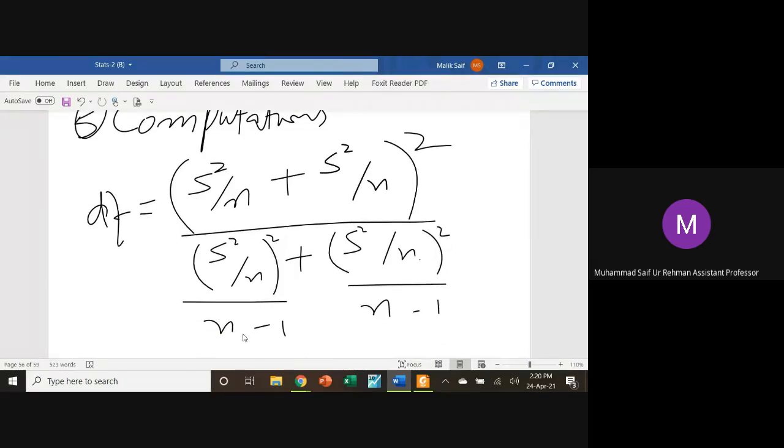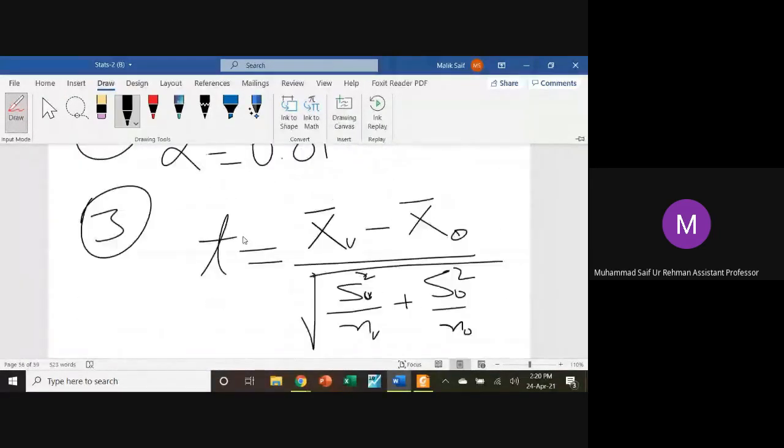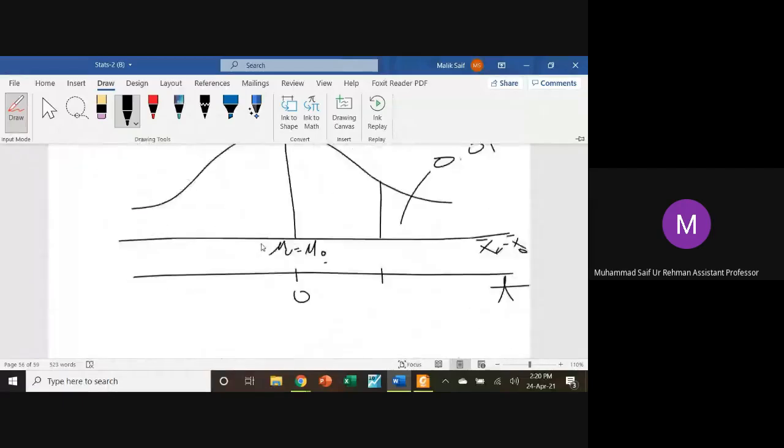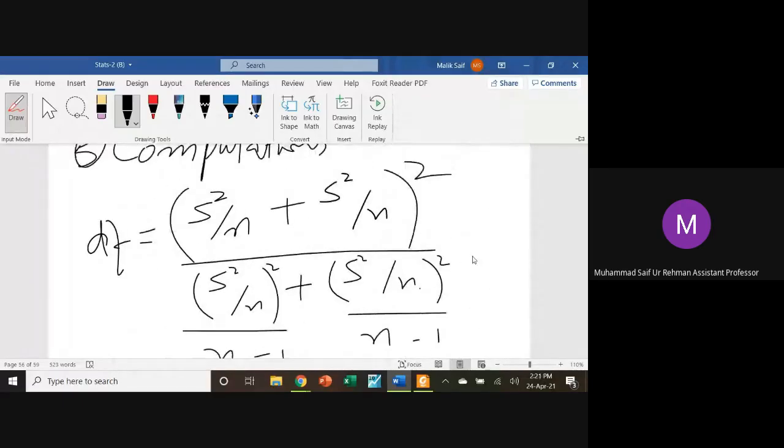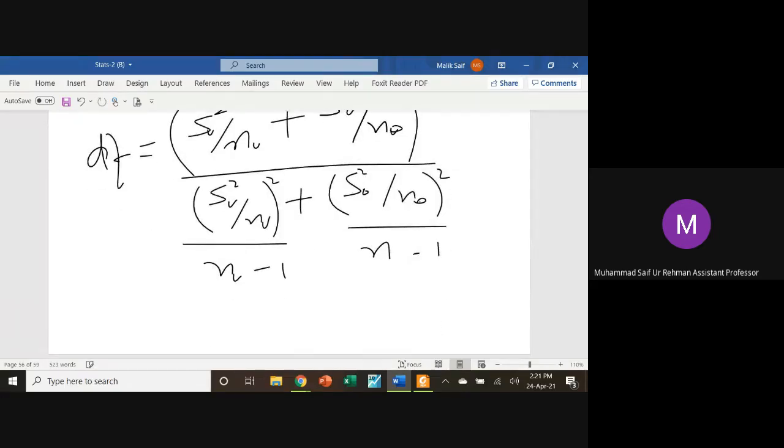So this would be SU. You have to see over here which was written first, which is greater. U is greater. So write down over here SU square, NU, SO and NO. This is SU, SU, O, O, and U and O.